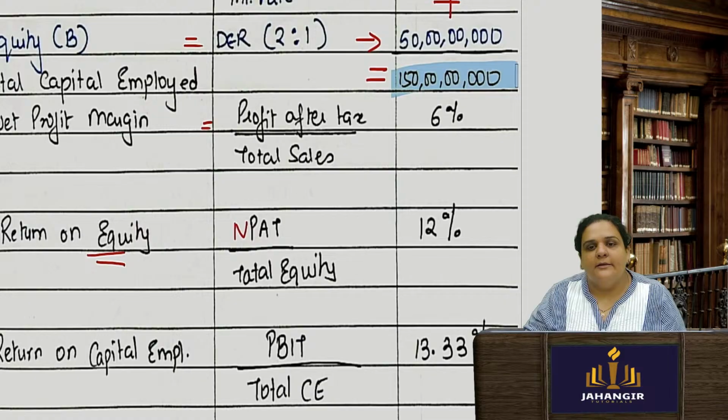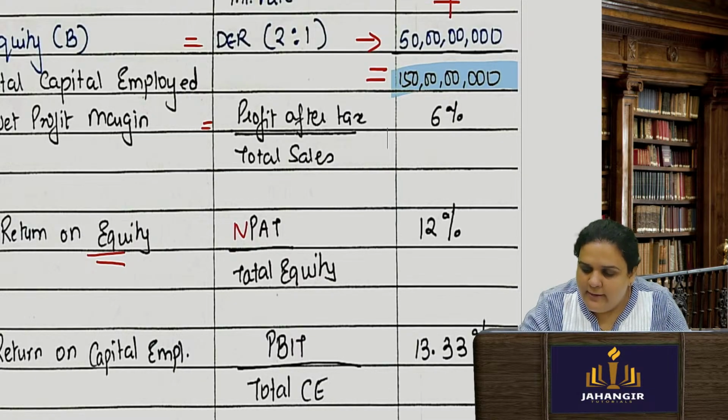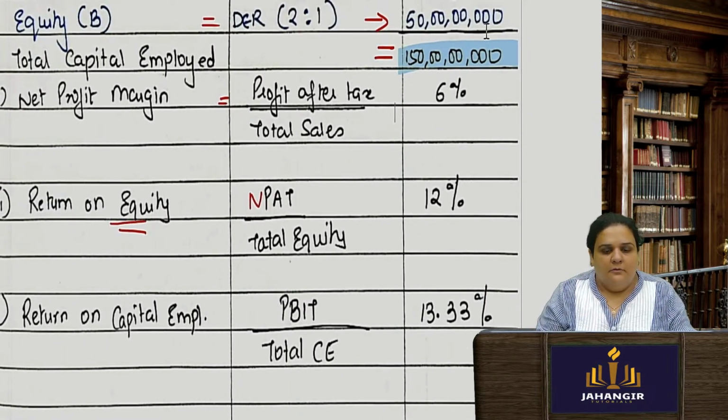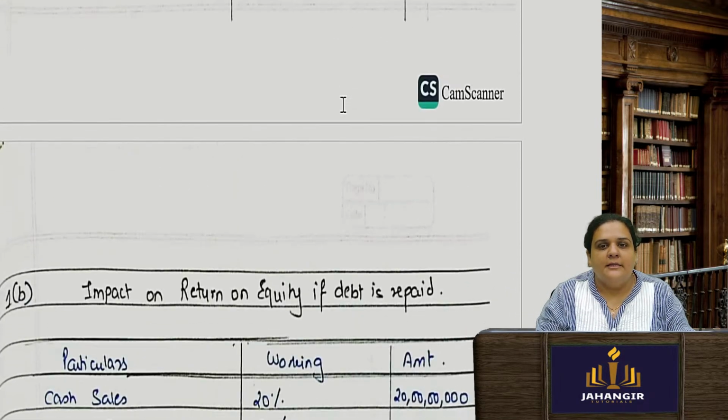We calculated here 150. See, 20 divided by 150, in percentage, 13.33%. Done. Your first is over. Question number A. All the 3 ratios are done.